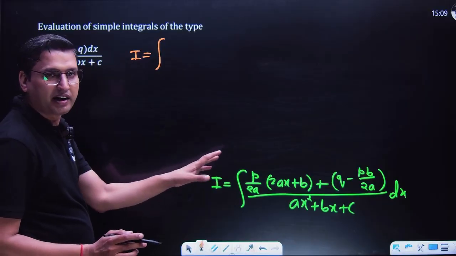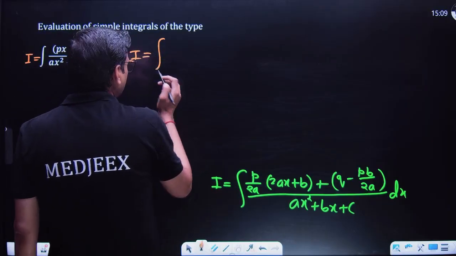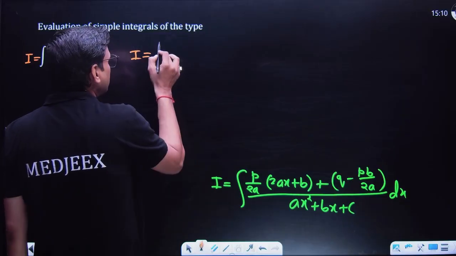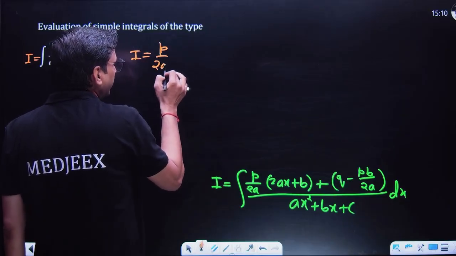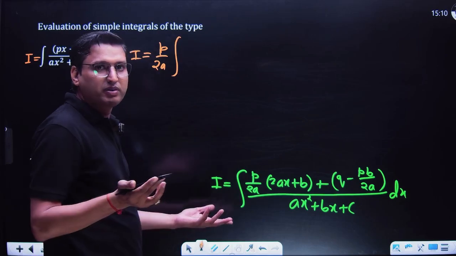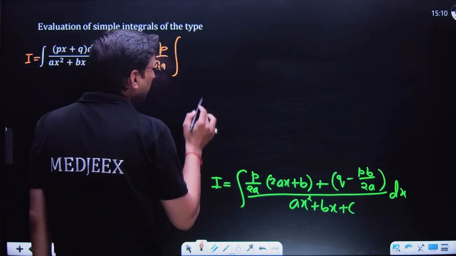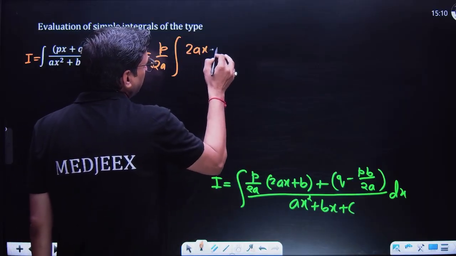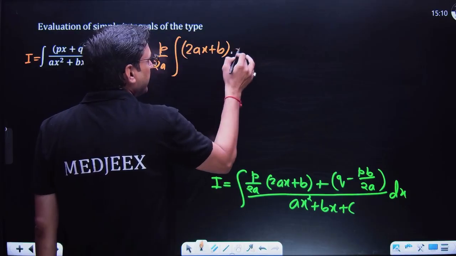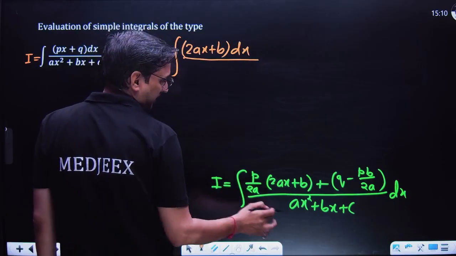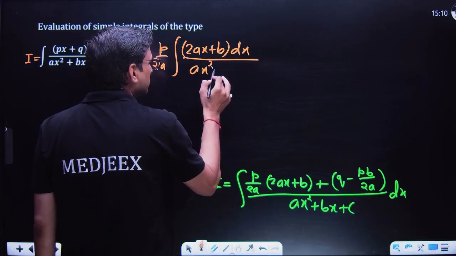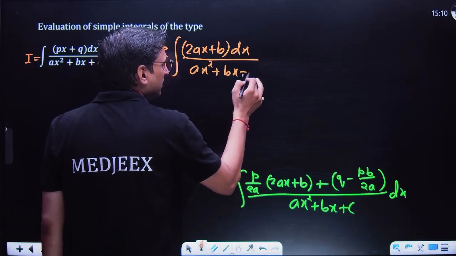That is why I'm rewriting it. That is what I can mention, this p by 2a as a constant outside the integration, by the simple methodology of integration, and this will be 2ax plus b multiplied by dx whole divided by ax square plus bx plus c. Is this clear to all?